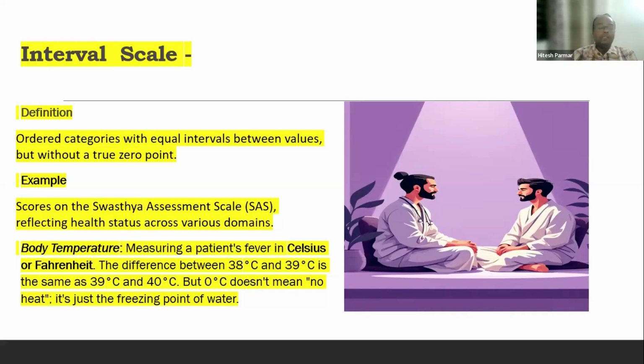That 0 doesn't mean the absence of the phenomenon. In interval scale data, if you get a 0, it doesn't mean the absence of the phenomenon. Data can go below 0 also. So 0 is just a reference point among all the scale available. This is the case of interval data.